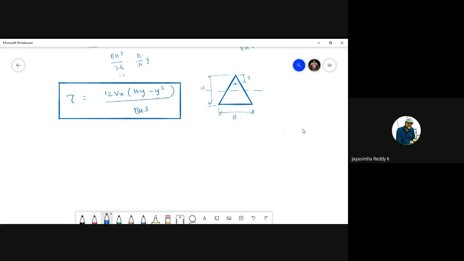So to find the maximum of this equation, we have to differentiate this tau with respect to y. So what I mean to say is, let us write d tau by dy as 0.